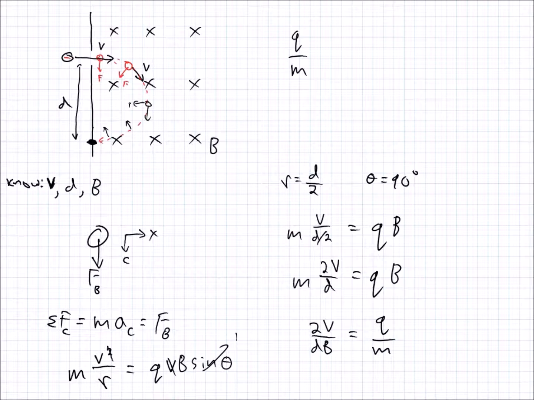So the charge per mass ratio of this unknown particle is 2 times its velocity divided by that distance times the magnetic field. And if we had the numbers, we could plug in and find the charge to mass ratio, and then we could look at a big table maybe and figure out if this was like an electron or a proton. Well, we know it's negative, right? So it's not a proton. So that narrows it down right there. But that is the answer.